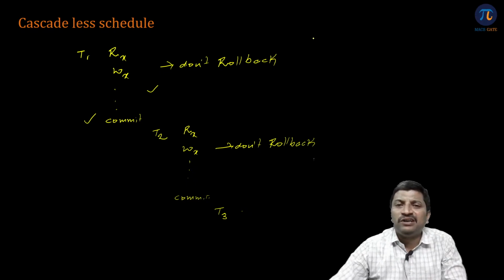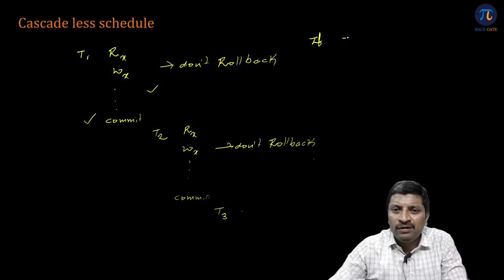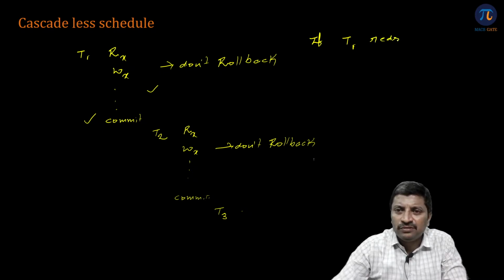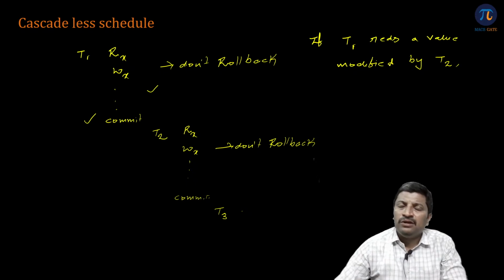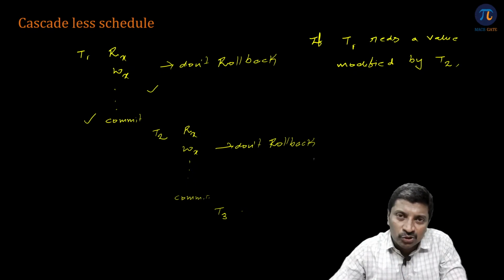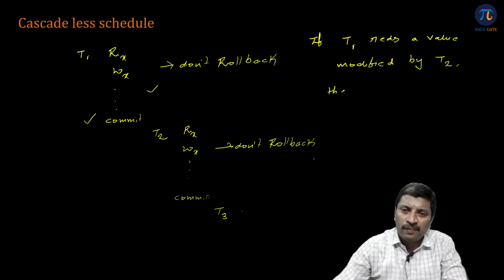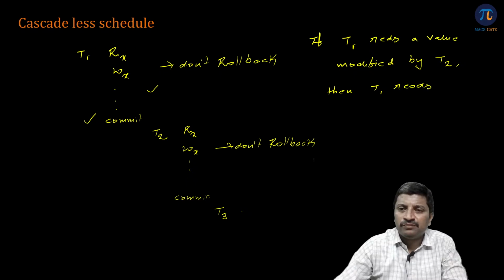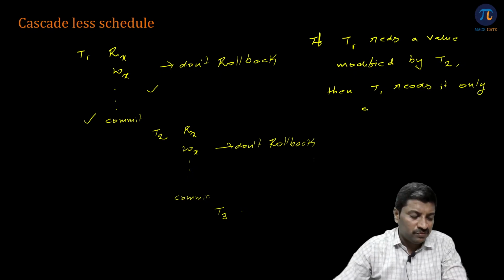Clear, sir? So for that, what is the simple story, sir? Let us assume 2 transactions. If T1 reads a value modified by T2, then T1 should not start till T2 commits. When will T1 start or read, sir?